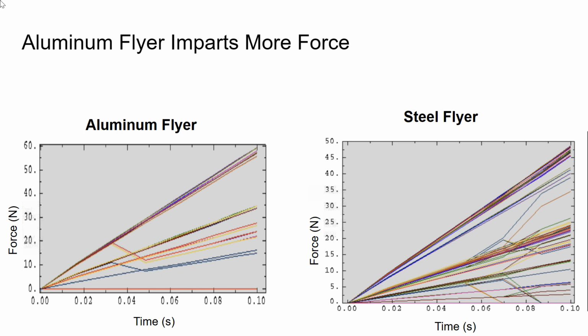But when we look at steel, though it doesn't give as much force, it only goes up to 50 newtons. This area is a lot thicker, so it does cover that force in more area. And these weird lines here seem to be located mainly toward the edges.